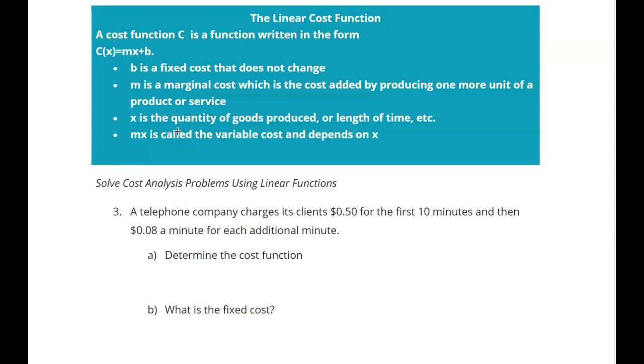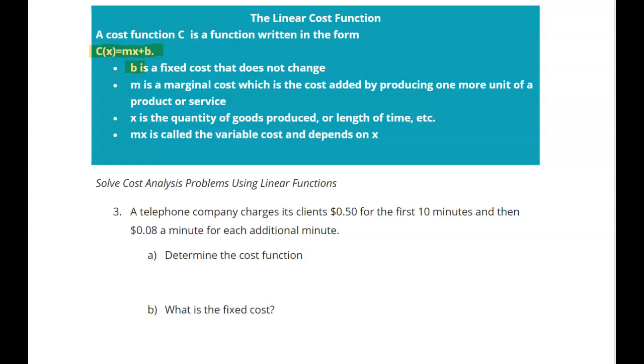Now let us analyze the linear cost function. A linear cost function C is a function written in the form C of x is equal to mx plus b. The b here, which is the y-intercept, is the fixed cost that does not change.